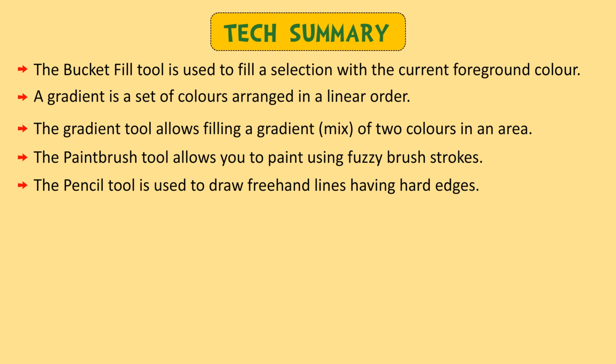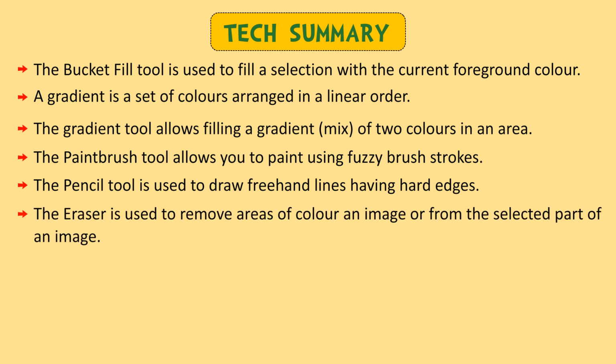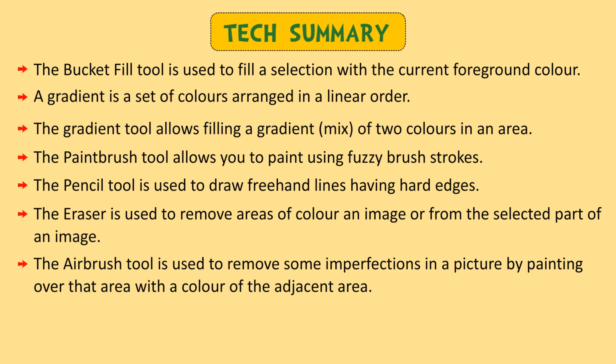The Pencil tool is used to draw freehand lines having hard edges. The Eraser is used to remove areas of color from an image or from the selected part of an image. The Airbrush tool is used to remove some imperfections in a picture by painting over that area with a color of the adjacent area.